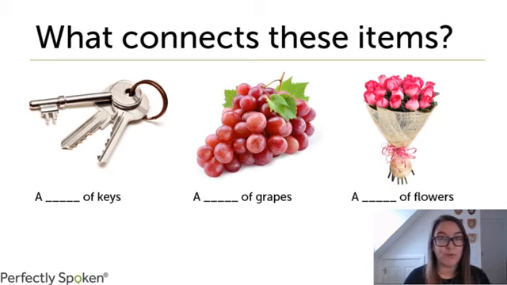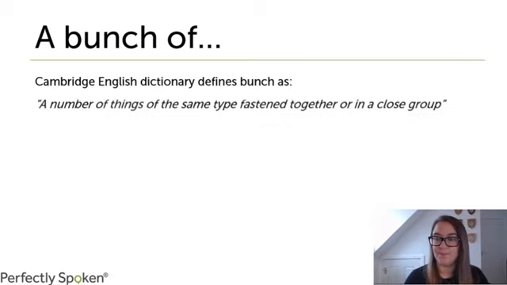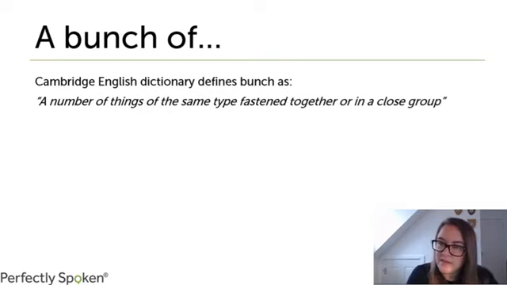So perhaps this one was a little trickier than pack, but really well done if you were saying bunch, because that's the correct answer. So Cambridge English Dictionary defines bunch as a number of things of the same type fastened together or in a close group.